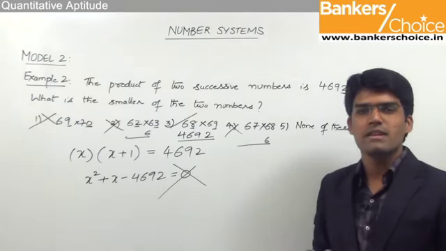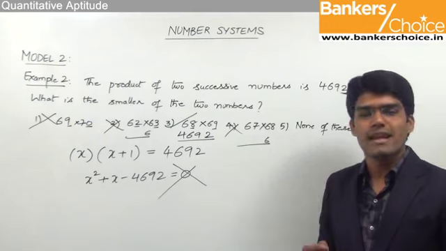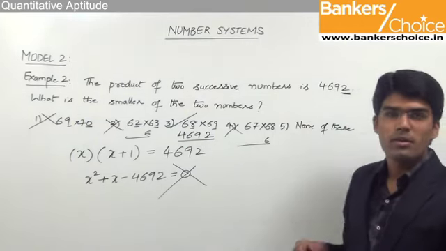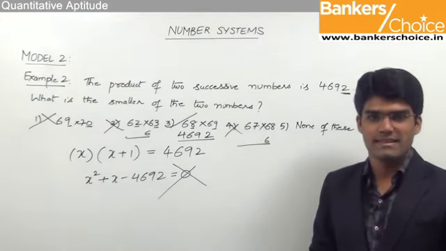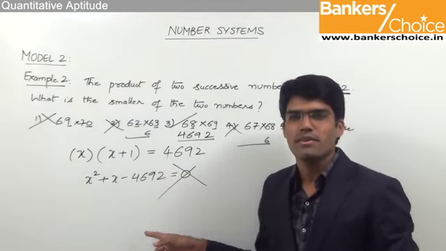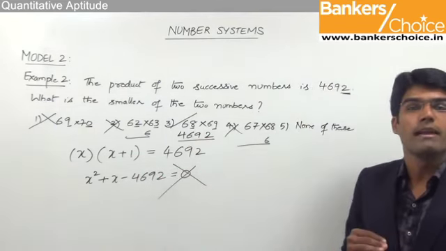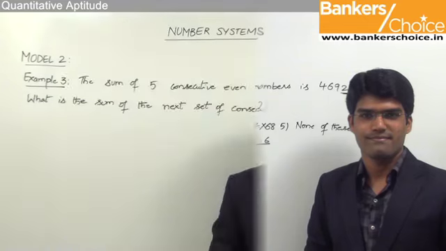So in such cases, we need to check each of the possible options by multiplying with the next digit and find out which matches with the given product, and that has to be taken as the correct answer. Remember, there is no point in solving this quadratic equation as it is going to be a very lengthy procedure. So always it is better that we solve such questions by eliminating the wrong options.